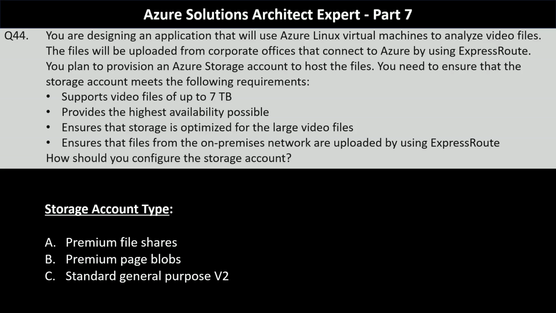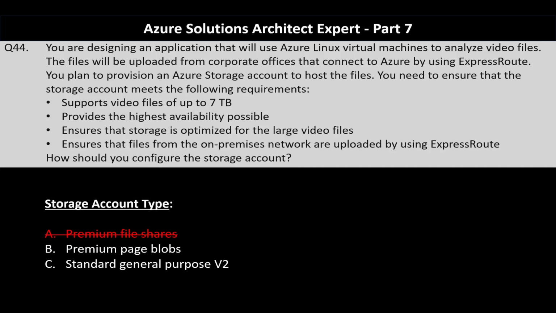And the first part of the question focuses on choosing the storage account type. Your options are premium file shares, premium page blobs, standard general purpose version 2. Now friends, whenever you want to store video files, then always look for block blobs, and the two storage types that support block blobs are premium page blobs and standard general purpose V2.